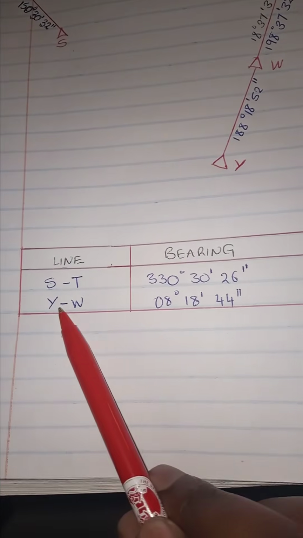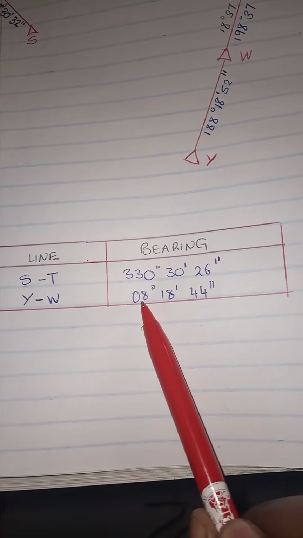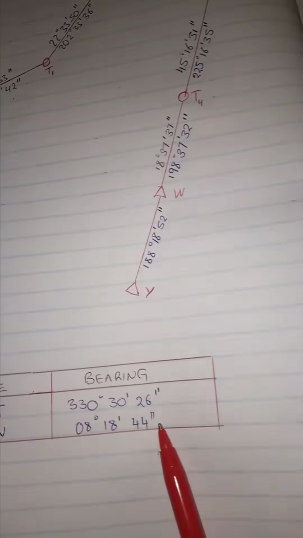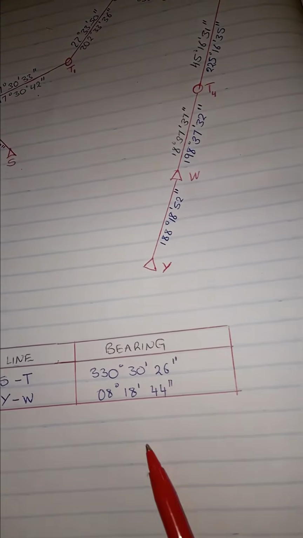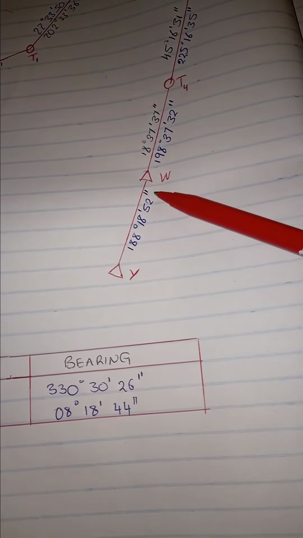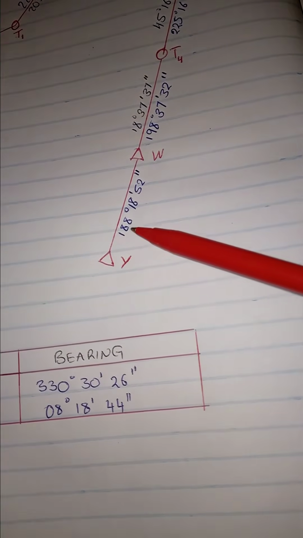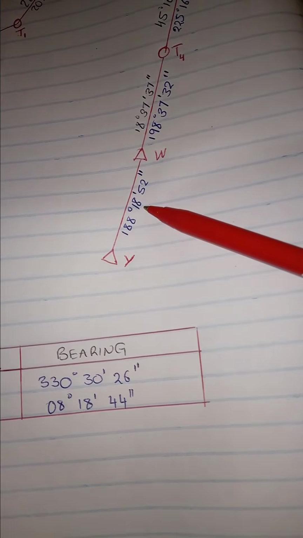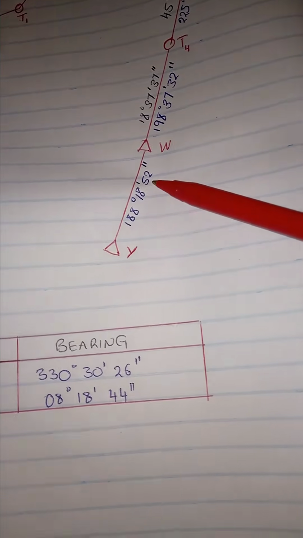So from Y to W, this is 8, 18, 44. So from Y to W, that means this is the back bearing of this line. And the fore bearing of this line we had been given as 188, 18, 52. So this is the value that I'm going to be using.